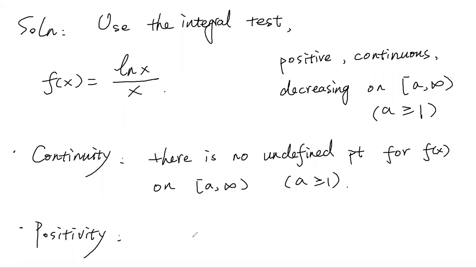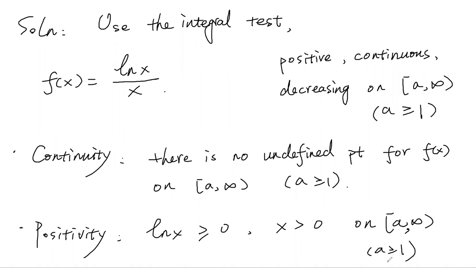And this is also easy to check. Log of x is greater than or equal to 0, x is greater than 0 on e to infinity, with a greater than or equal to 1. So these are all easy to check in your homework assignments or the test. If it's easy, then you don't need to repeat these things.